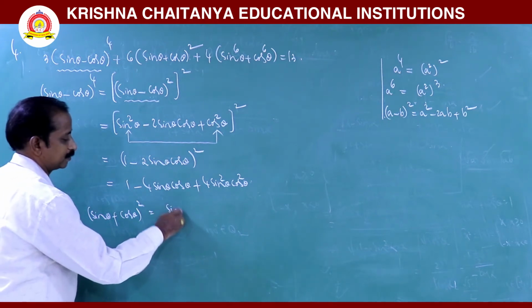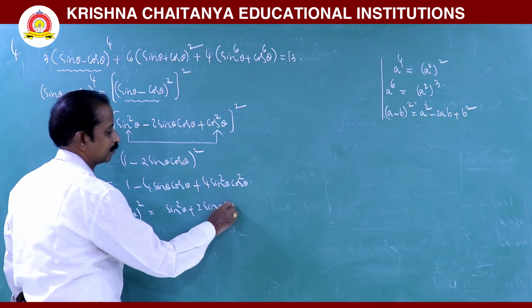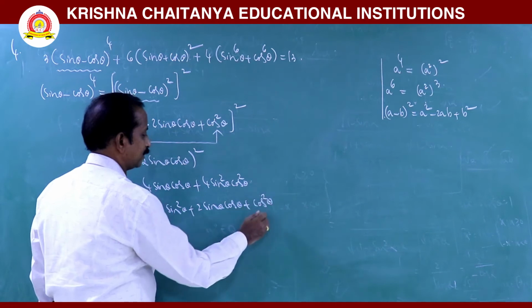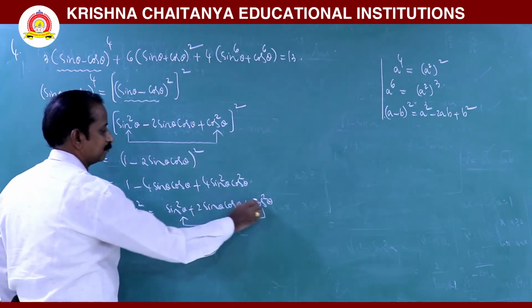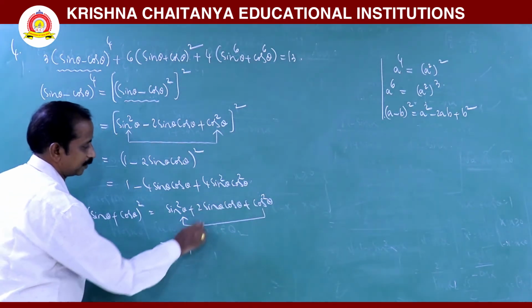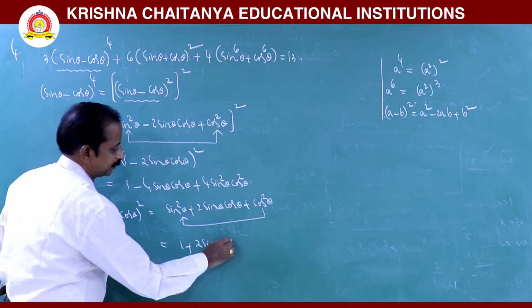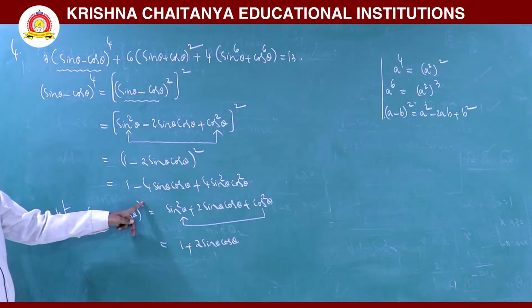So we can write sin square theta plus 2 sin theta into cos theta plus cos square theta. And then we know that sin square theta plus cos square theta is an identity, so it is 1. So we have 1 plus 2 sin theta into cos theta. So this is nothing but (sin theta plus cos theta) whole square.